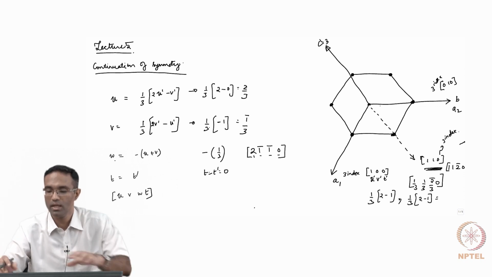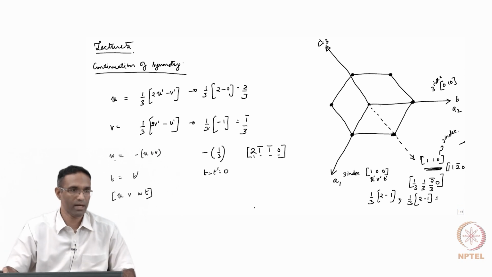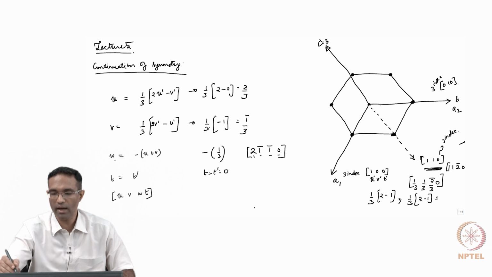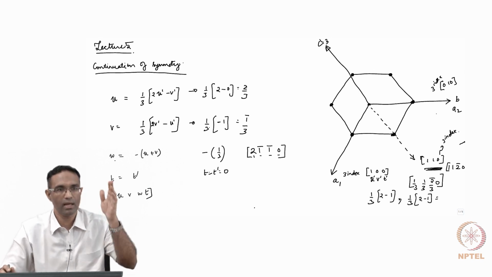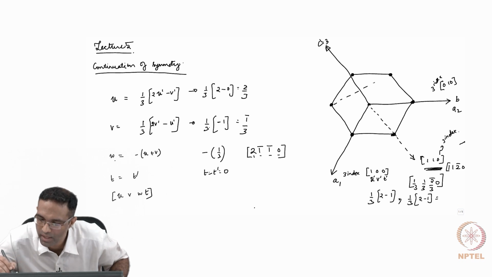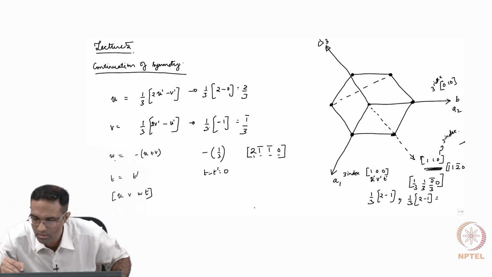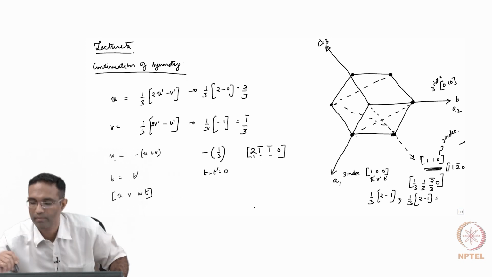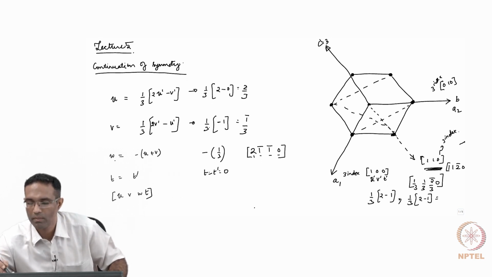Of course you can use any set, it doesn't matter. The first set of mirror planes are the ones which have these equivalent axes as the normals. So these are the mirrors, and of course these are the mirrors.